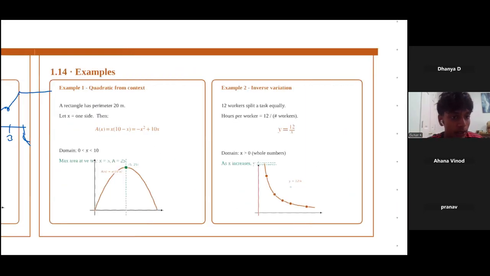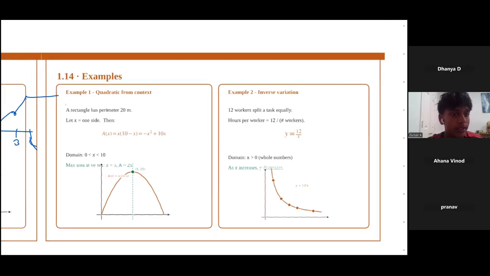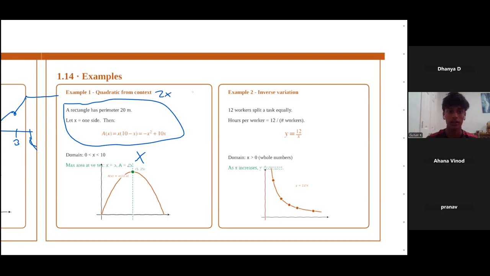Here's our given conditionals. A rectangle has perimeter 20 meters. Let x equal one side. So we know that if one side is x, then 2 times x plus the other two sides, which we can denote by 10 minus x, because the perimeter gets 10 minus x.